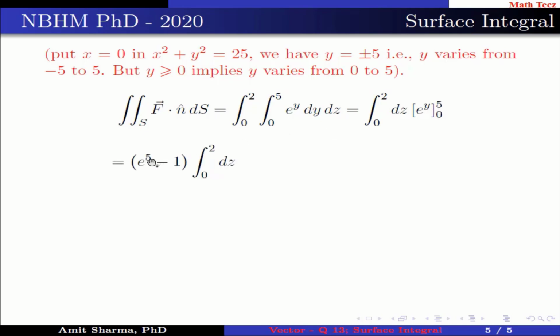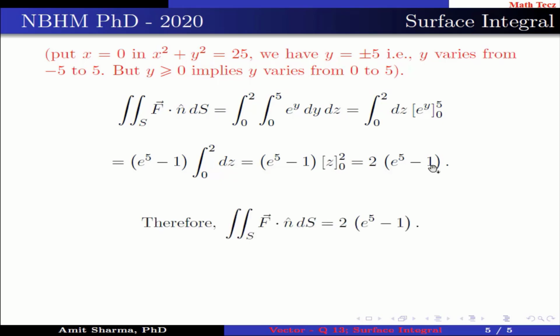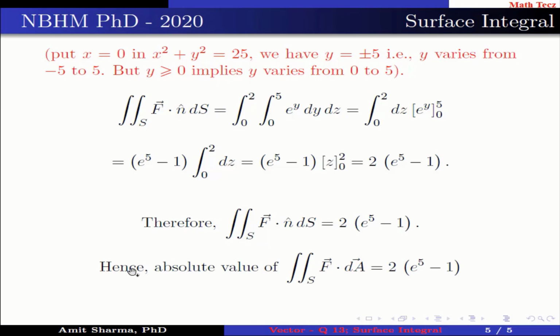This is equal to (e^5 − 1) times the integral from 0 to 2 dz, which is further written as (e^5 − 1) z with lower limit 0 and upper limit 2, which is equal to 2(e^5 − 1). Therefore, the double integral over S of F dot n dS is equal to 2(e^5 − 1). Hence, the absolute value of the double integral over S of F dot dA is 2(e^5 − 1).